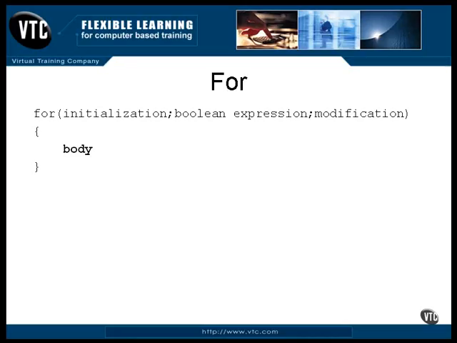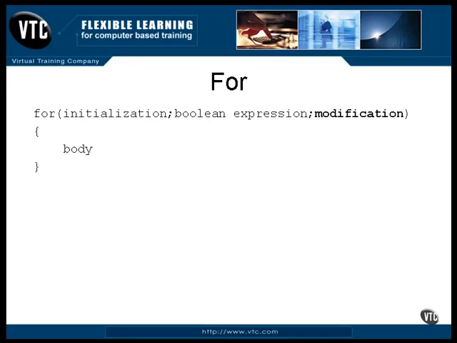If the test failed, that is, if the result of evaluating the Boolean expression was false, the body is not executed. Instead, a branch is made to the code following the stuff at the bottom of the loop, and things continue from there. However, if the test resulted in true, this code is executed and it drops through to the modification code that follows it.